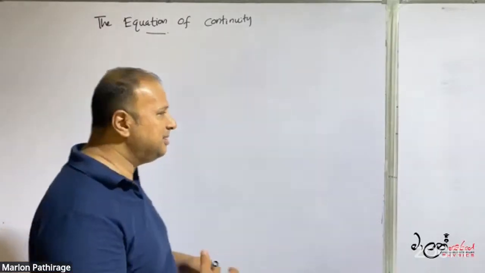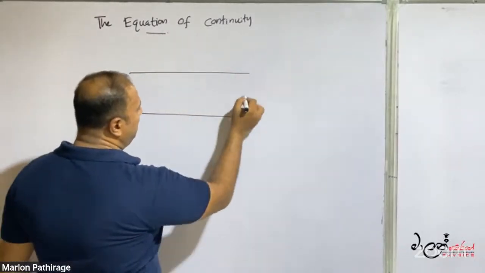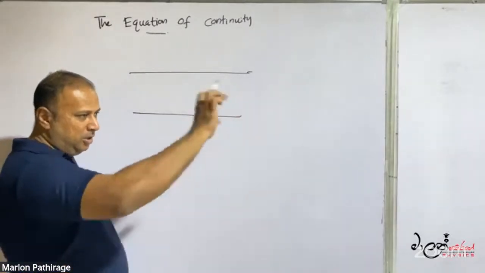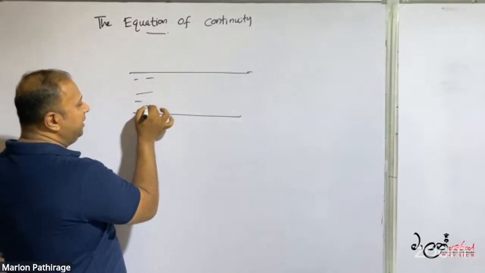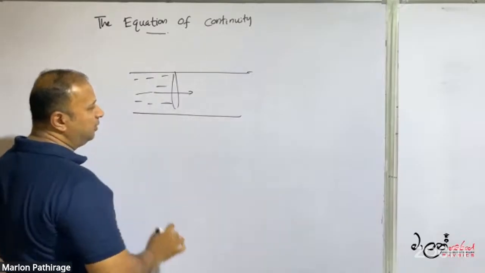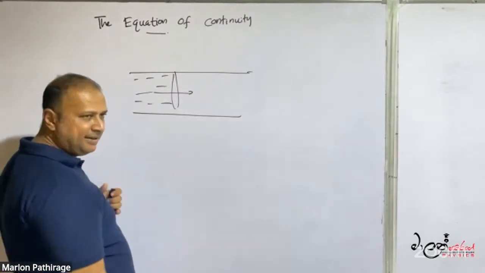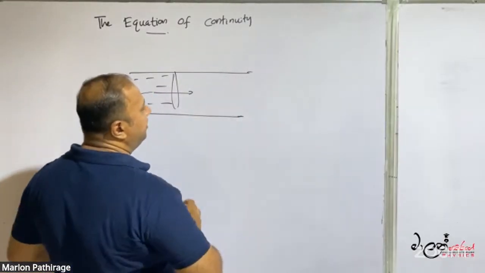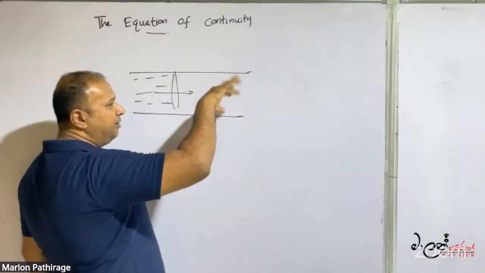Therefore, if it is a steady state flow, suppose now this is a flow. ඔන්න මේ බටයකින් water flow එකක් එන්නේ. Suppose now there is some location.